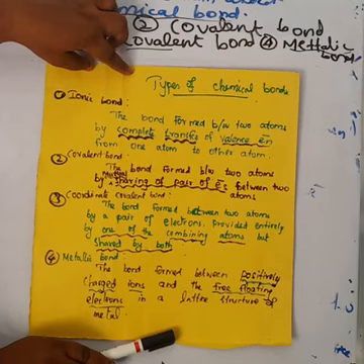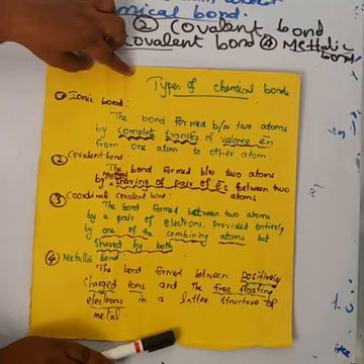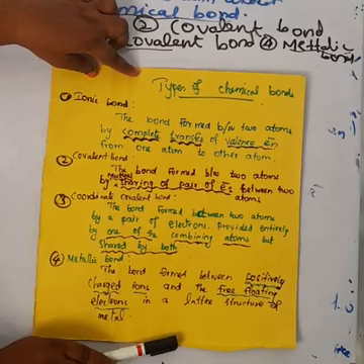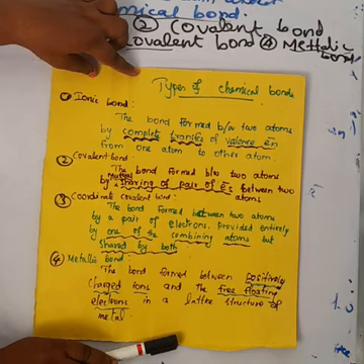But coordinate covalent bond means only one atom shares the pair of electrons. Understood the difference between covalent bond and coordinate covalent bond? I will explain with an example.